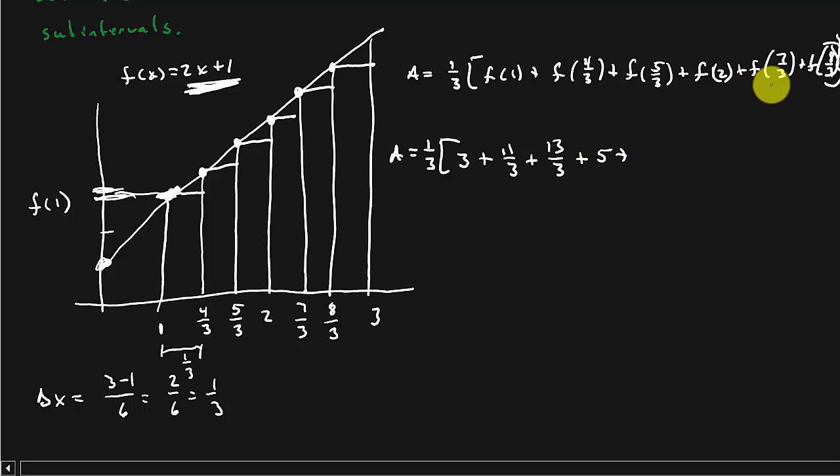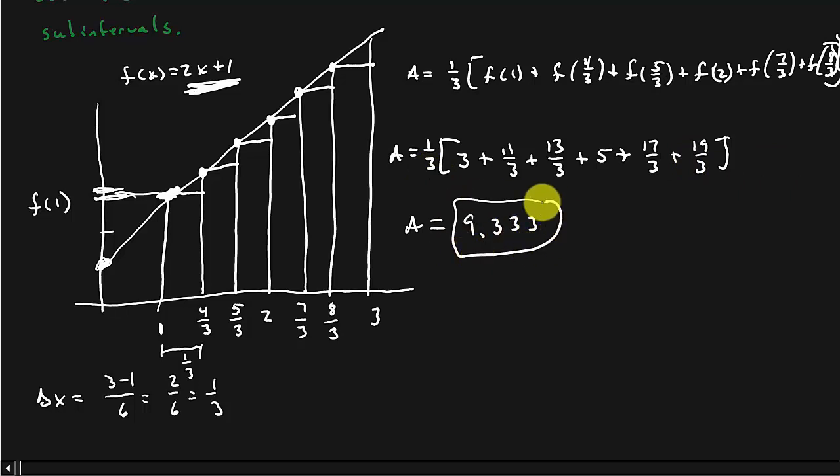Plug in 7/3, that is going to give me 17/3. And then plug in the 8/3, that's going to give me 19/3. And once you add all that up, multiply by 1/3, you get 9.333, approximately that.